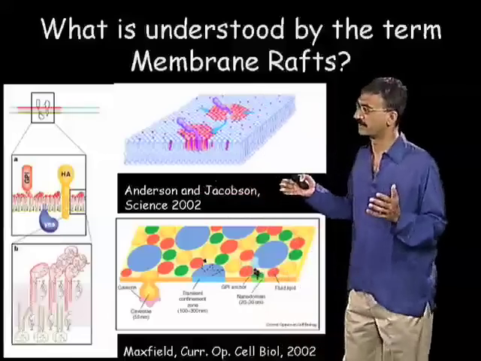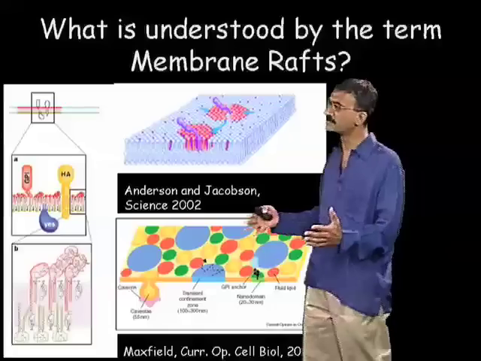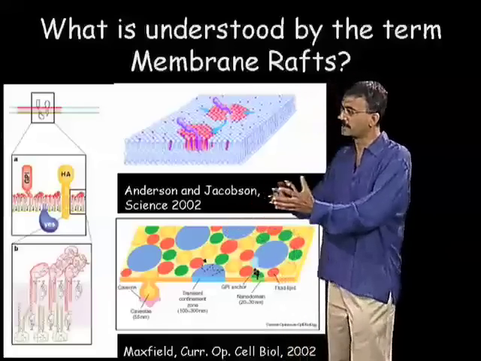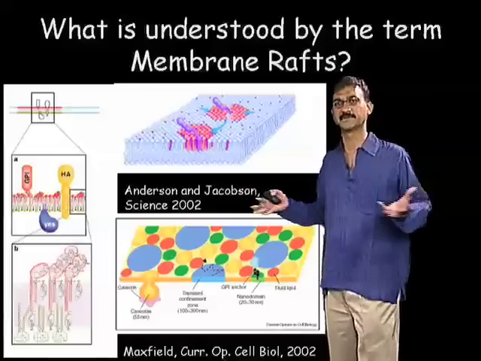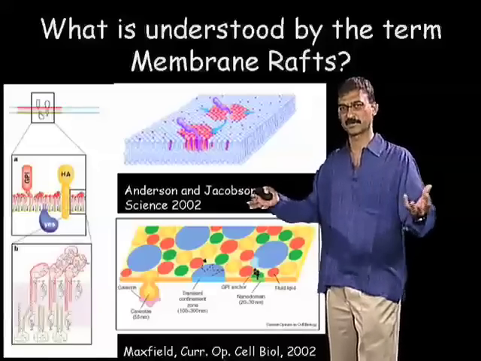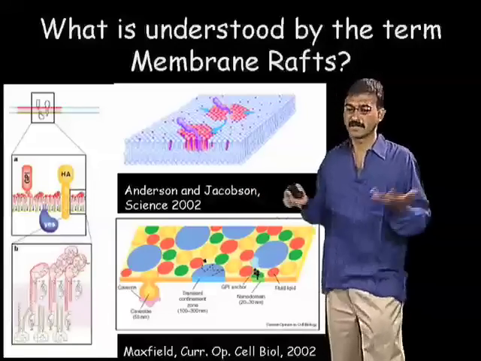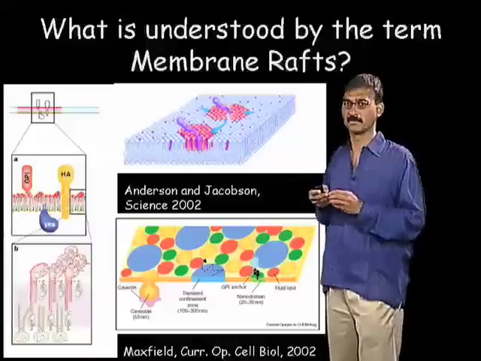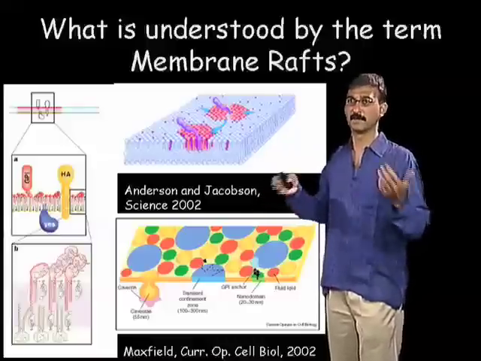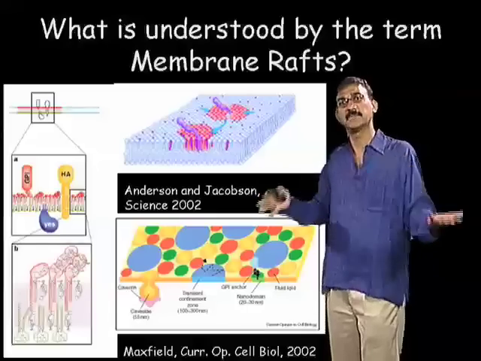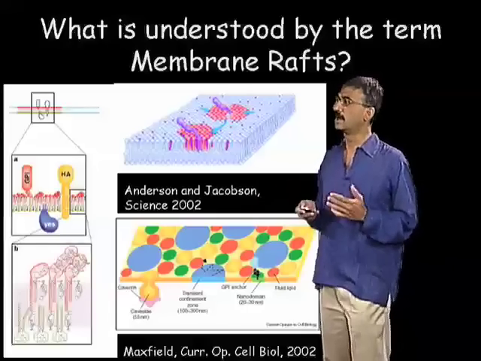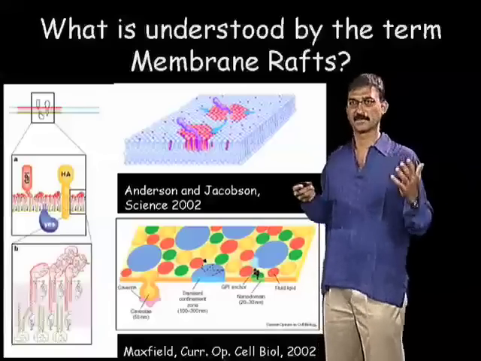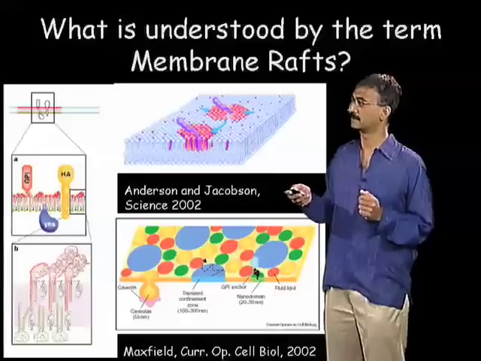Another concept of membrane rafts is that there are many different types of domains in cell membranes, where in fact you have a large number of different types of aggregates of different composition maintained in some fashion by cellular membrane composition, particularly by the cell maintaining a particular lipid composition. So these are the different types of ideas that are circulating about what these lipid rafts might look like in cell membranes.